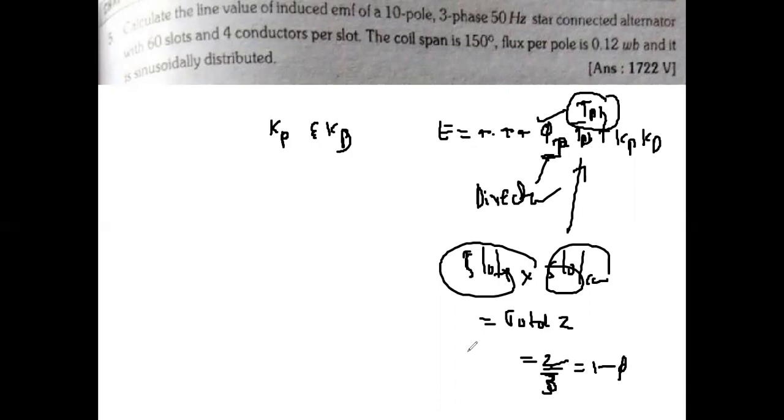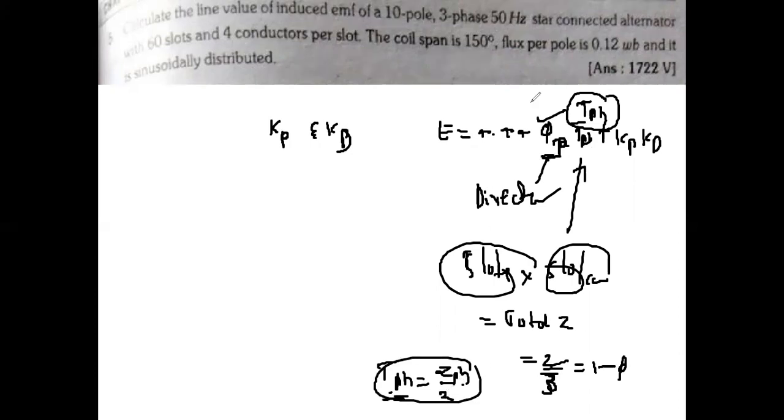The relationship between turns and conductors is Z equal to 2T, so turns is equal to Z by 2. Turns per phase is equal to Z per phase by 2.